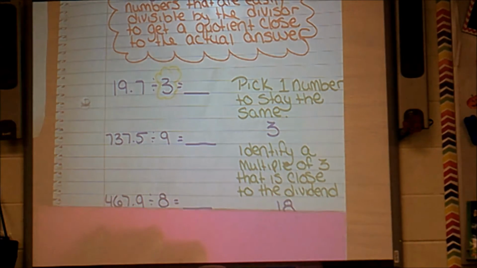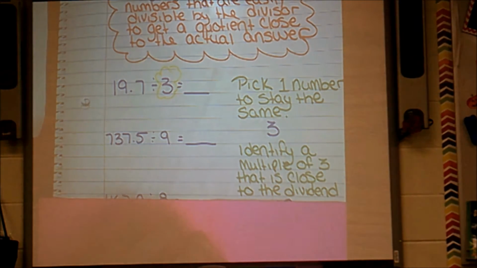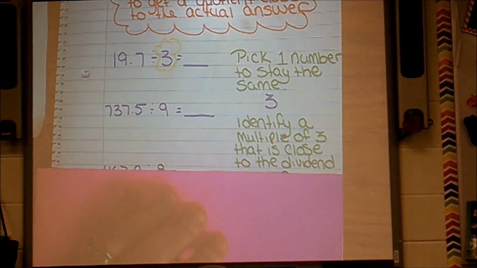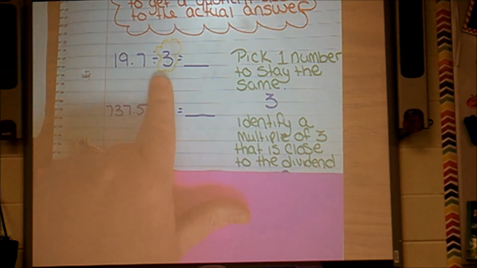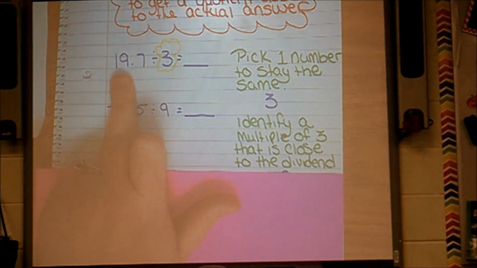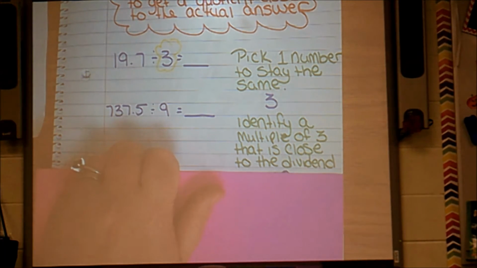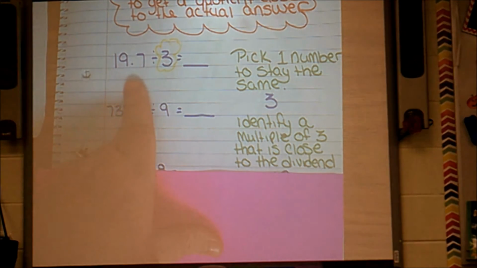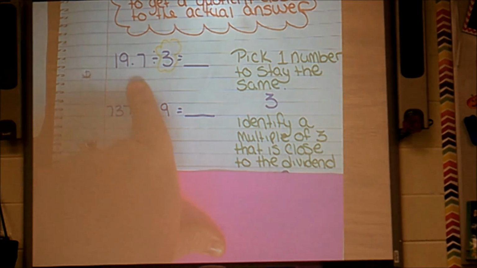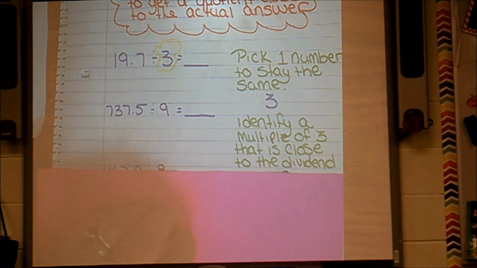My next step is to identify a multiple of 3, because that's the number that I chose, that is close to my dividend, that is close to this other number. So I'm going to count my 3s until I get close to this number. I could go over as long as it's a whole number that is close. So let's think.